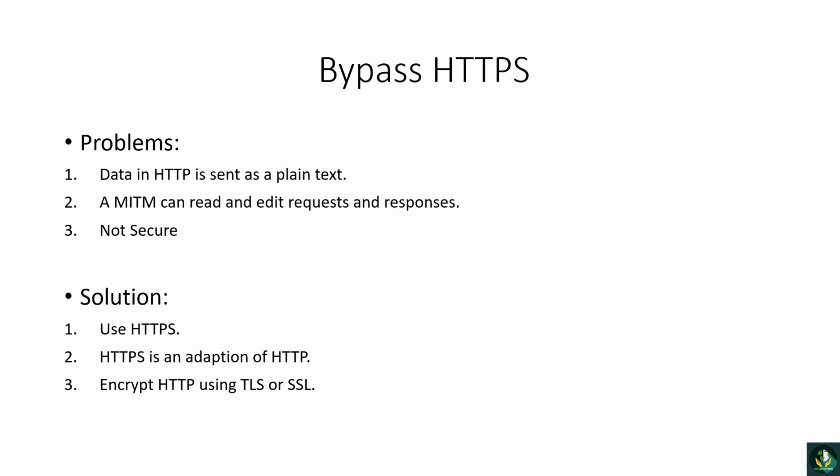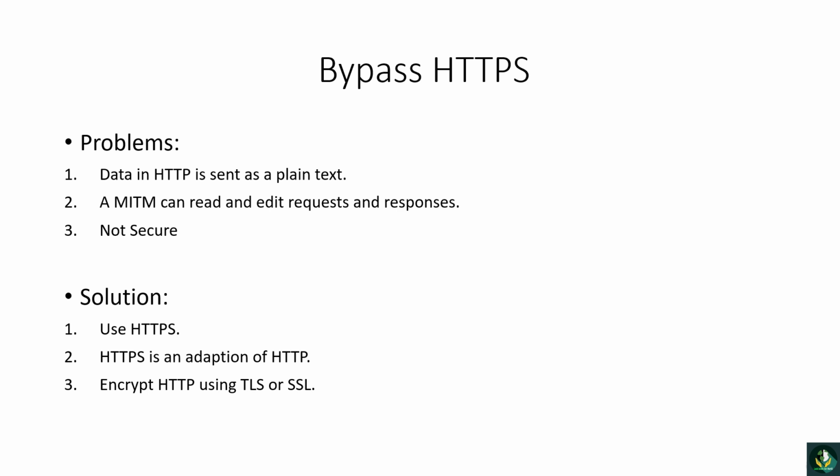Now this is obviously a problem, and this problem was fixed in HTTPS. As you know, websites these days all use HTTPS, and all good, famous websites use HTTPS. The reason, like I said, is that it is a more secure version of HTTP. Basically the way it works, it keeps the implementation of HTTP exactly the same, so all the headers and the way the data is sent are kept the same.